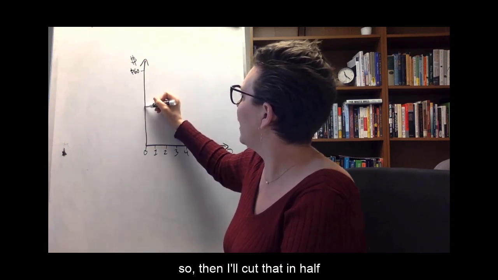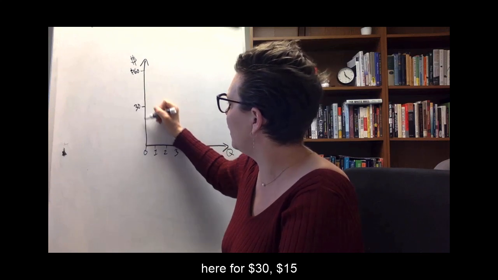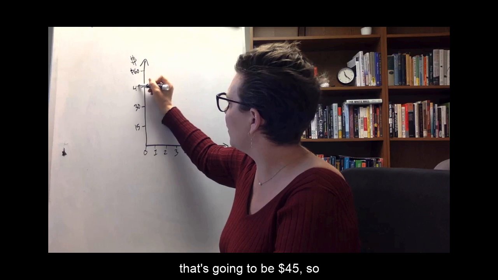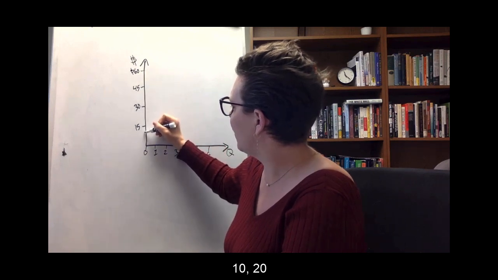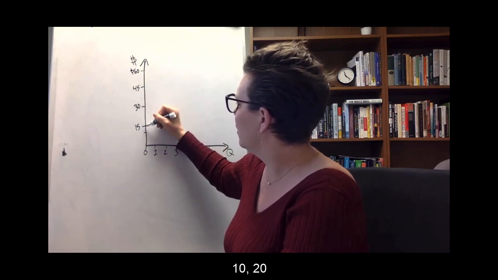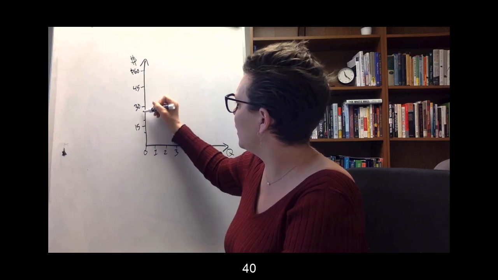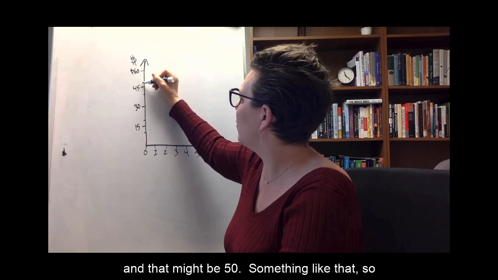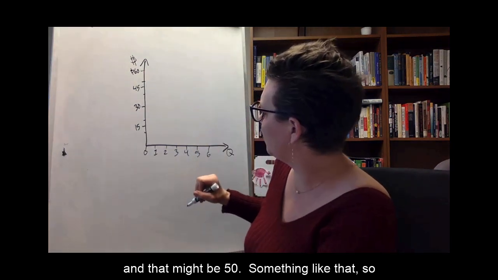Then I'll cut that in half here for 30. That's going to be 15. That's going to be 45. And so we might have that be 10, then that might be 20, and that might be 40, and that might be 50, something like that.